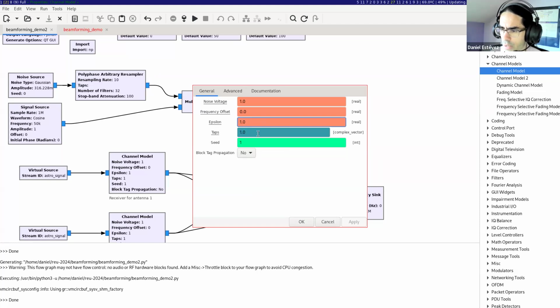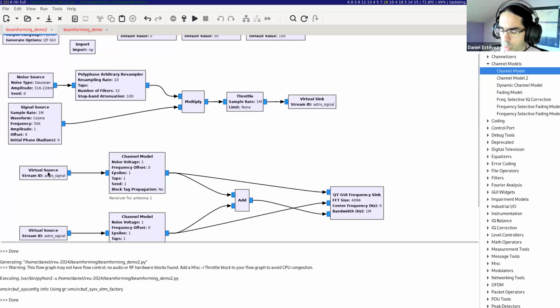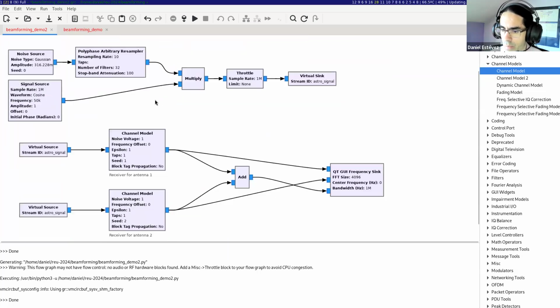So what is epsilon explained in better terms for what we are trying to do? I have said that there is a delay between the two receivers and the delay changes over time. One way to explain a delay changing over time would be as follows. If we think about what happens during 1 second, then antenna 1 is going to receive 1 second worth of signal from the astronomical source, which is 1 million samples.